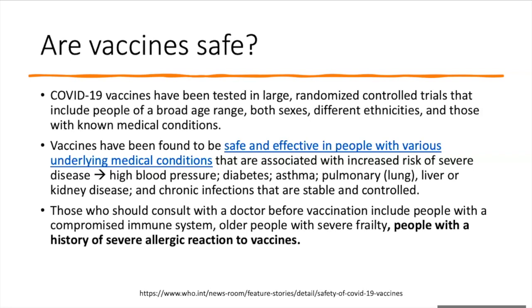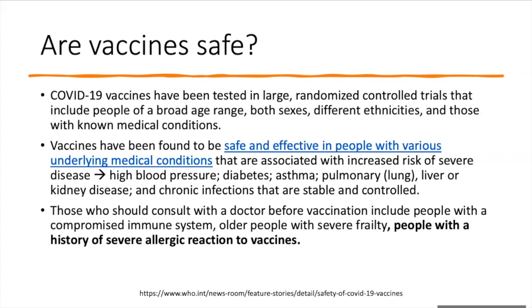So people who are not on ARVs, people who really have no immune system left. And then people who've had a history of severe allergic reaction to vaccines. So say, for example, you've had a previous vaccine and you had an allergic reaction to that vaccine, then I would be cautious in that.